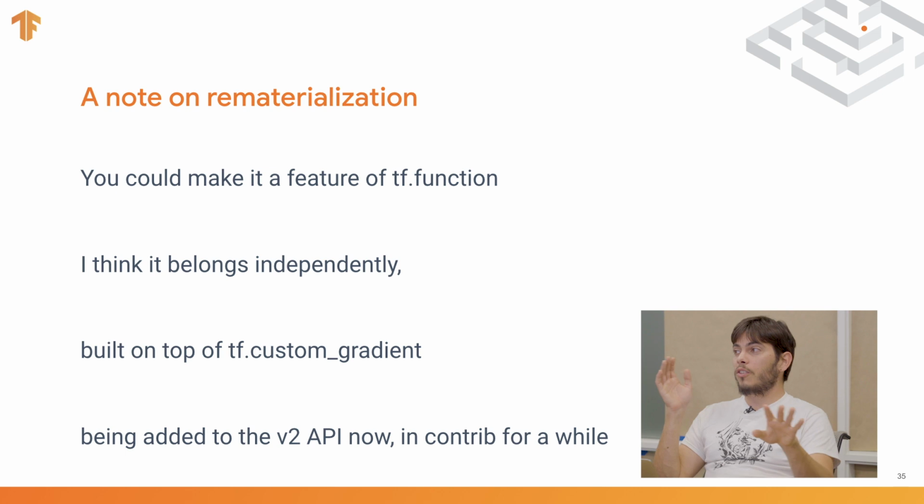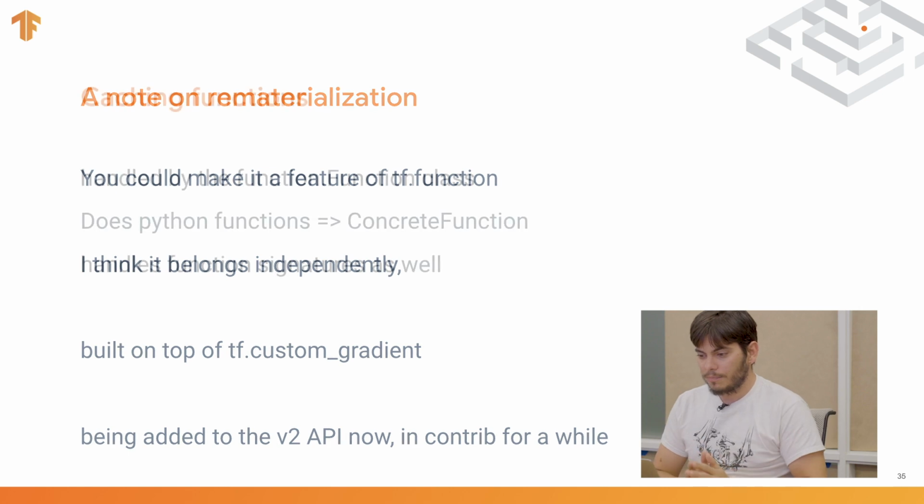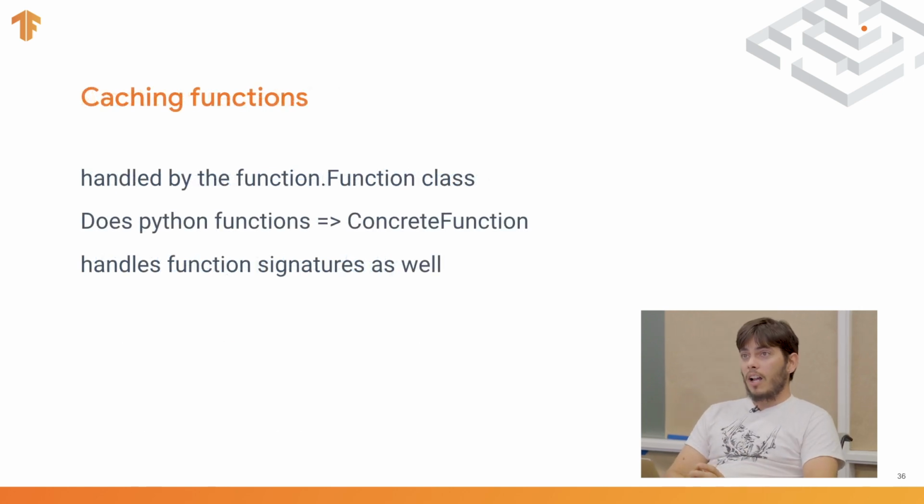But it's also completely orthogonal to tf.function, which makes me a little happier because smaller pieces that compose tend to be nice. And here, on top of this differentiation code, we have the code that goes from an abstract function to a concrete function, which is the thing that does the function cache.